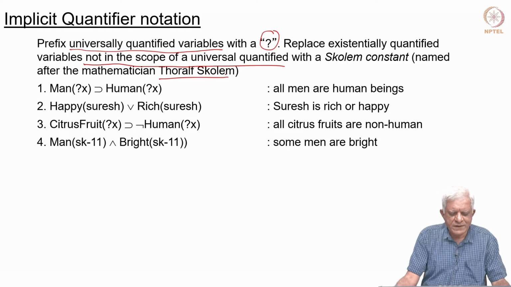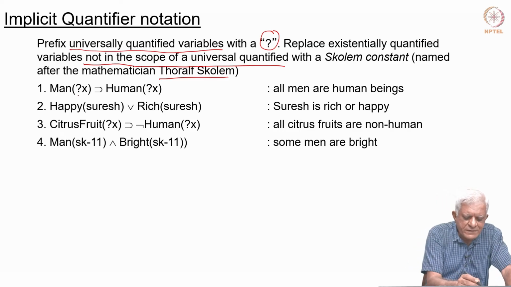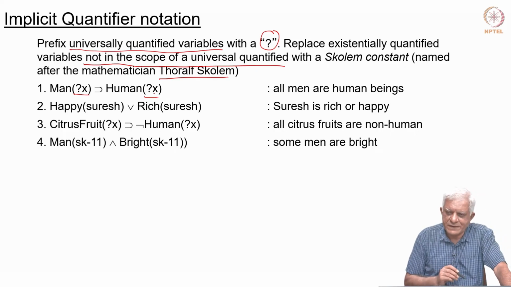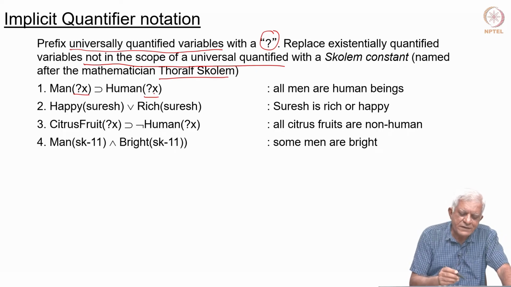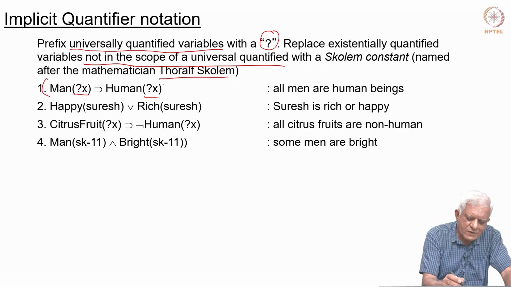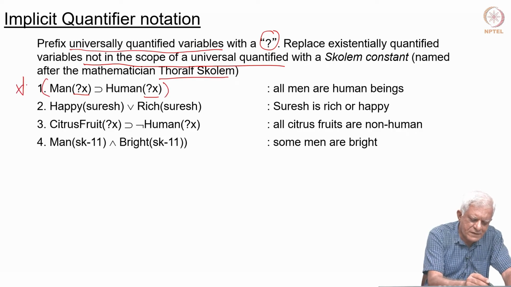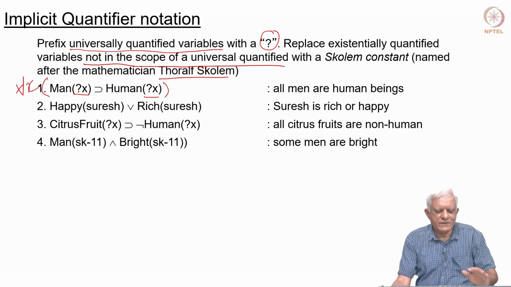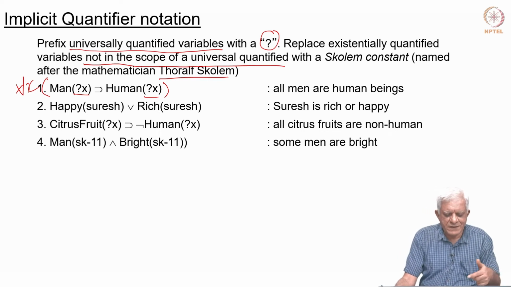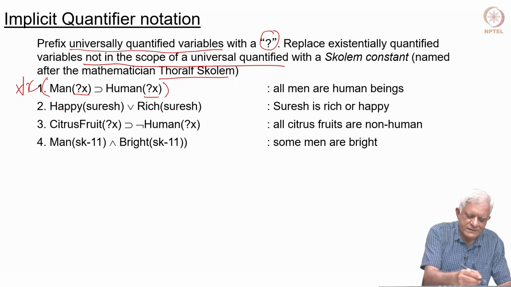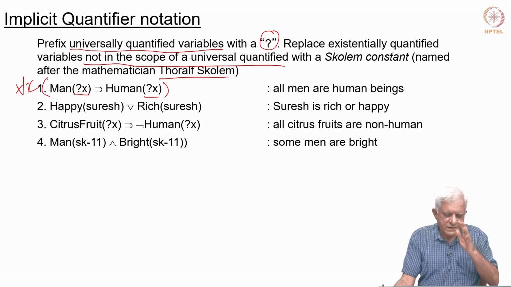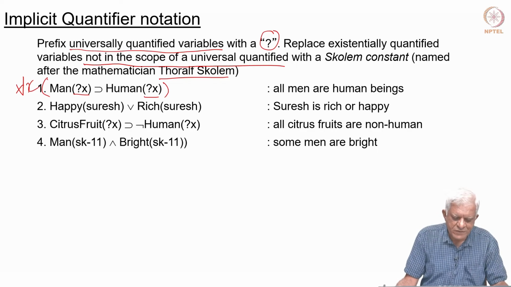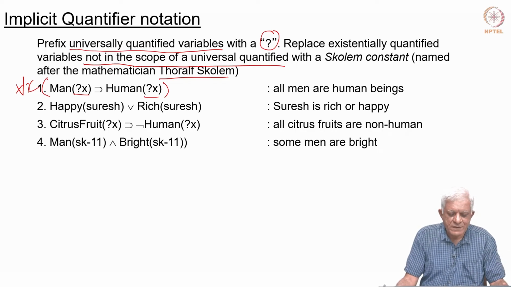So, this is the implicit quantifier notation for the same 4 formulas that we saw earlier. You can see that in the first sentence we have replaced x by question mark x. What does this mean? That implicitly, there is a for all x sitting outside, but we are not going to write it. We are going to simply write this formula, and we will keep it in mind that it is a universally quantified variable.